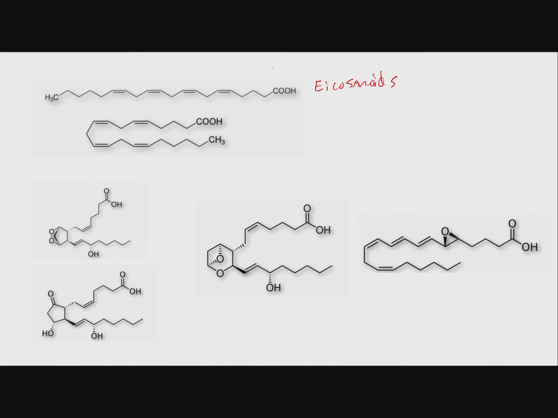And this is arachidonic acid that I'm actually showing right here. Now, arachidonic acid has a couple of double bonds in it. It can form a class of compounds called eicosanoids by basically being oxidized. So oxidation of that acid leads to eicosanoids.